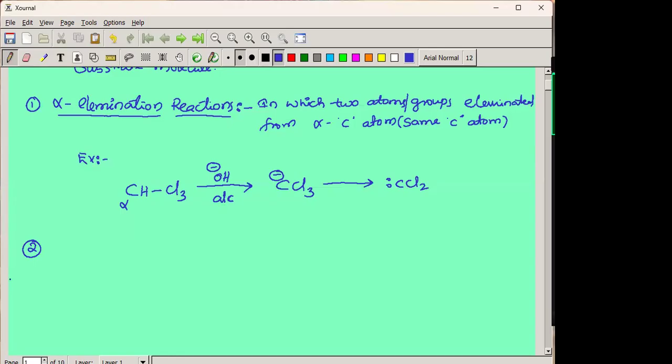Beta elimination is classified into three kinds: the E1 elimination reaction, the E2 elimination reaction, and the E1cB mechanism. So now I am going to consider gamma elimination first, and after that I will explain beta elimination reactions.